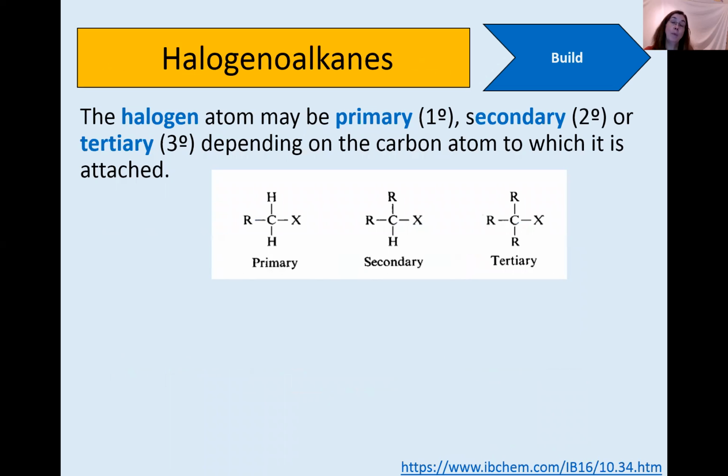Okay, so with our halogenoalkanes, we have a way of naming or identifying the type of carbon that they're on. You can see here we've got something called a primary, a secondary and a tertiary halogenoalkane. Well, what does that mean? Well, the halogen, which we represent as X here, is attached to a carbon, and we look at what else is on that carbon.